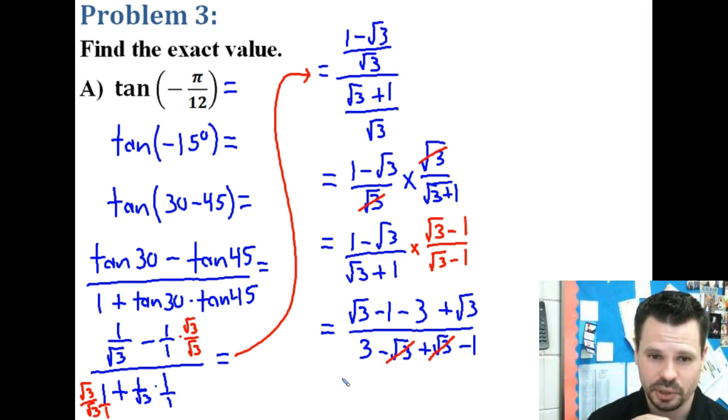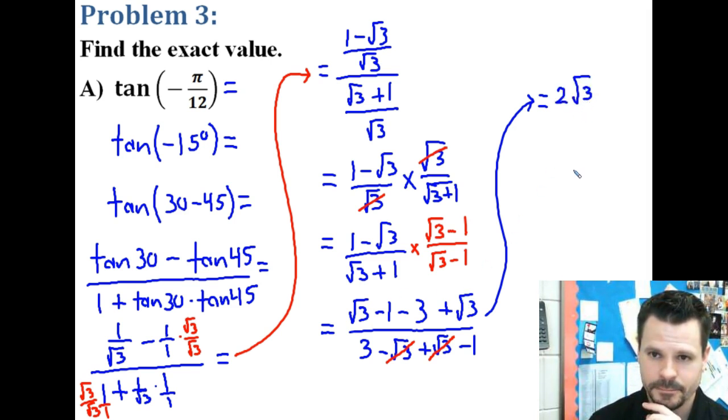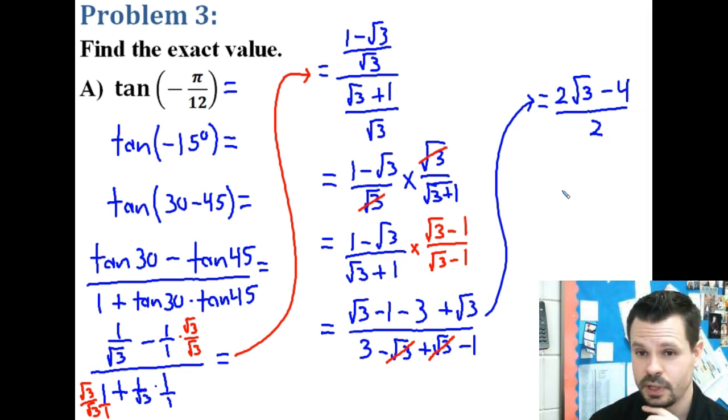Okay, last step here, we can clean this up, and I'm just going to go up here where I've got some more space. I have a root 3 plus a root 3. We could say that's just 2 root 3. And then a negative 1 minus 3 would be negative 4, all over 3 minus 1, which would be a 2.